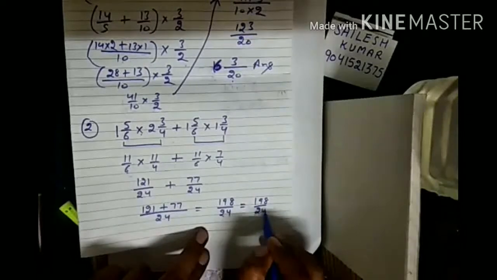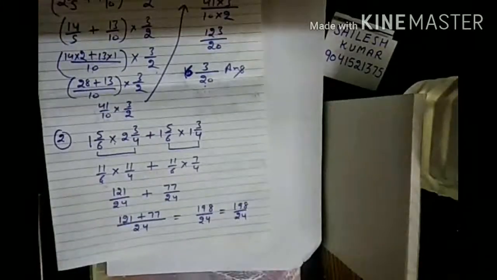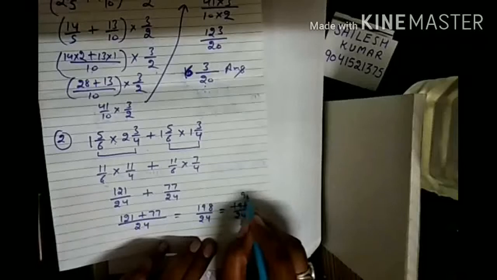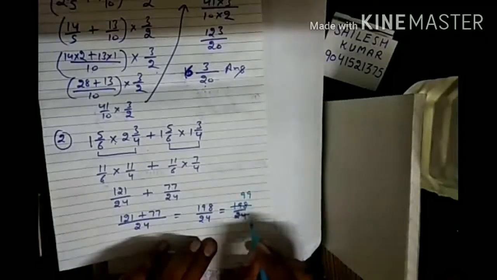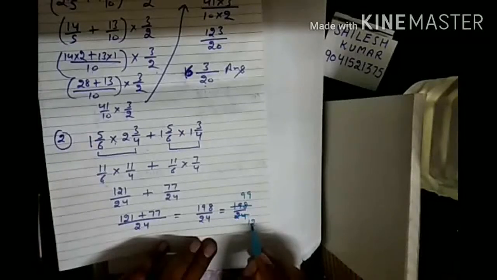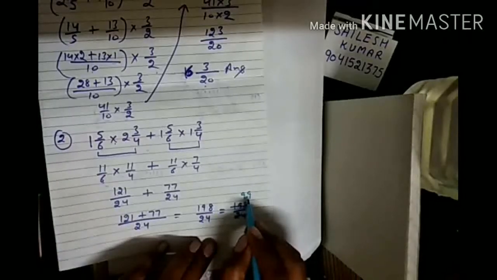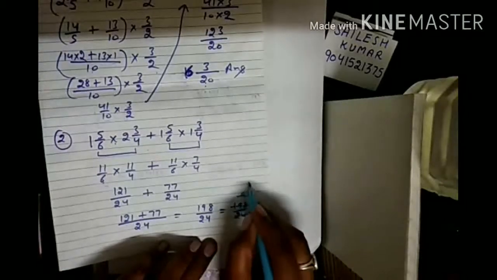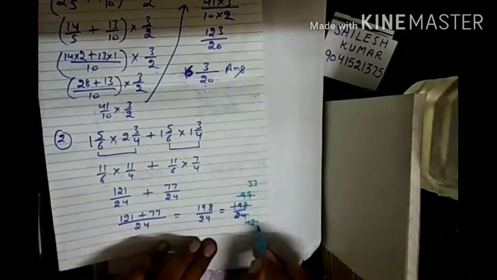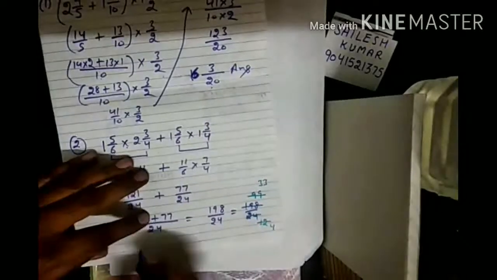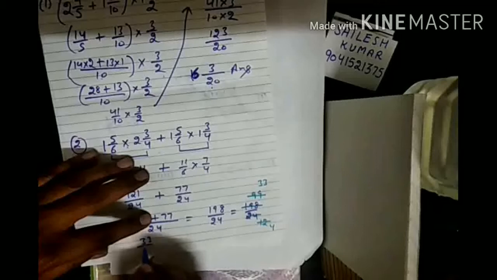If you divide 198 by 2, this is the answer, and if we divide 24 by 2, our answer is this. Now the digits 1 and 2 sum to 3, and 9 and 9 make 18. 18 and 3 are both divisible by 3. So if you divide by 3, your answer is 33, and the denominator becomes 4. So we come to 33 by 4.